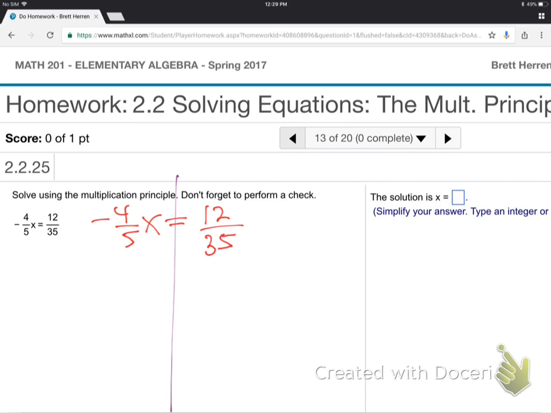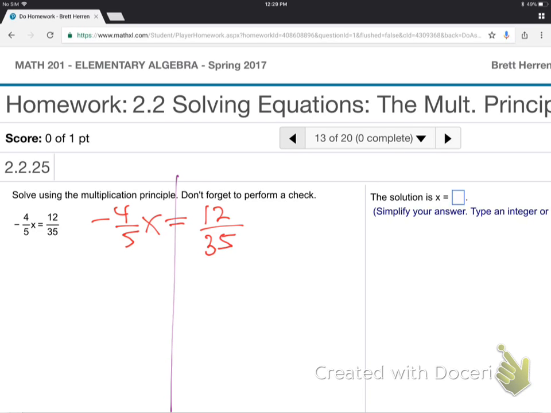What are you going to do on this one? We're going to multiply by the upside down, right? Just like the last one.